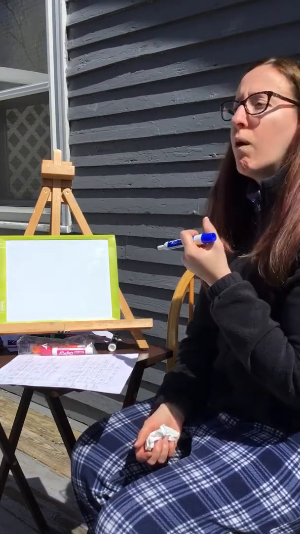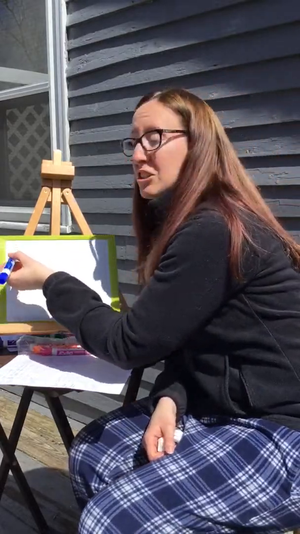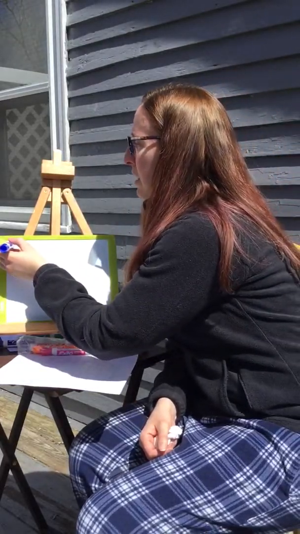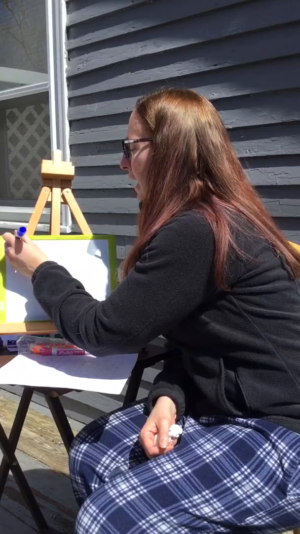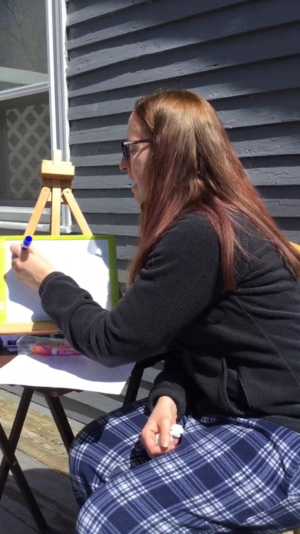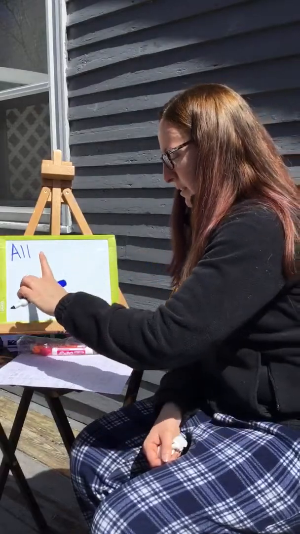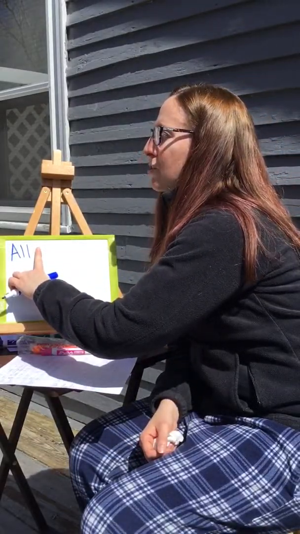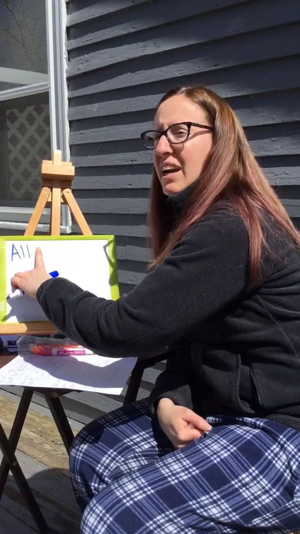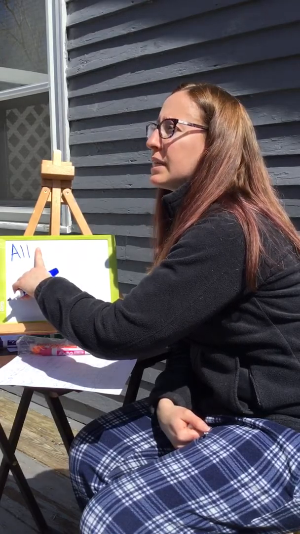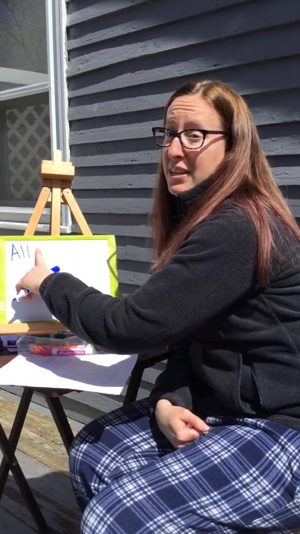The word all. I'm going to make sure it's an uppercase letter because it's the beginning of my sentence. And I spell all, A-L-L. And a finger space. The word is cranes. Oh, there's that suffix S again. I want to spell the base word first.